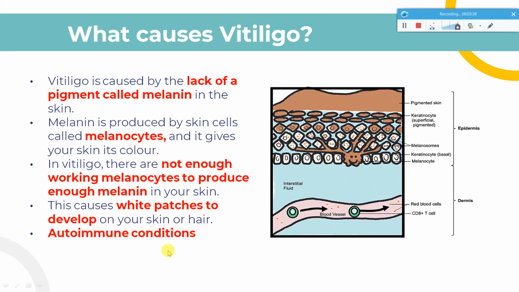This can be an autoimmune disease also, where your body by some mechanism feels that these melanocytes are foreign cells, and it starts attacking and destroying them. Once this happens, the cells are destroyed and the melanin pigmentation is not seen, which can lead to vitiligo.